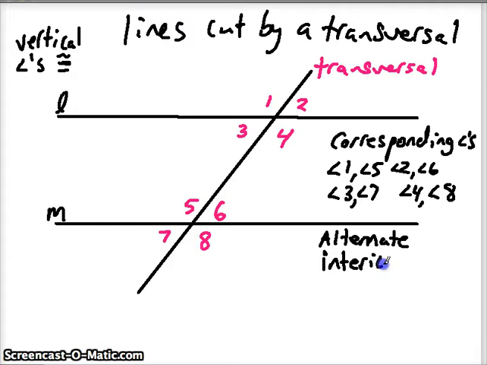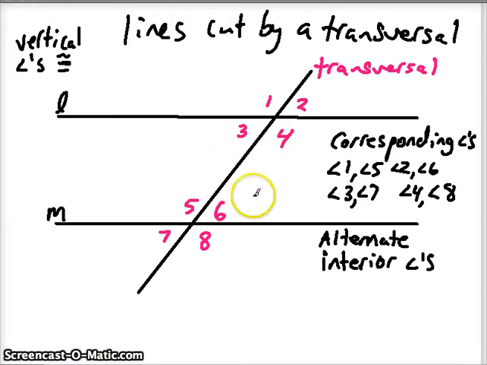interior. Alternate is just a fancy word pretty much for diagonal. Interior means inside. So if you think about these two lines as being bread on a sandwich, let's say, what's inside the sandwich? Well, these angles are inside the two lines, right?